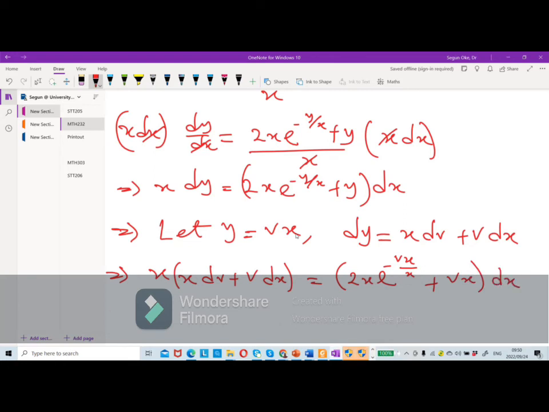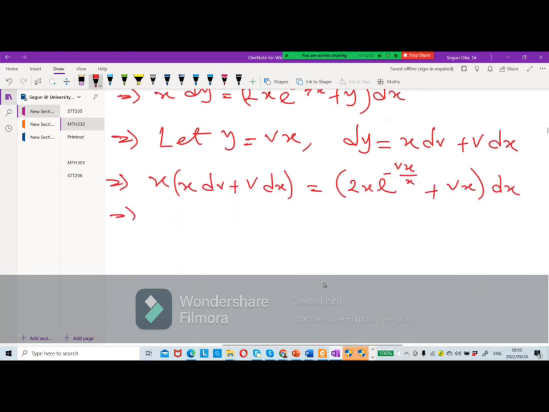So in this case now, something is common to them on the other side. So I can also factorize what is common to them out. I know that I have x dv plus v dx equals, x is common here.